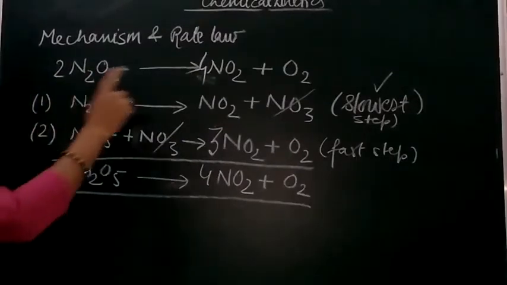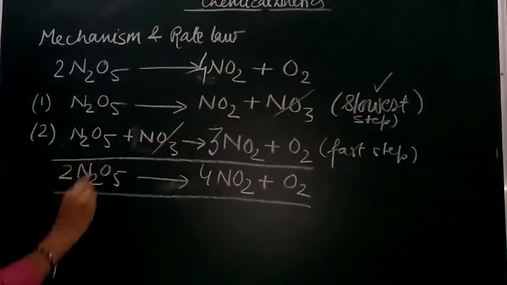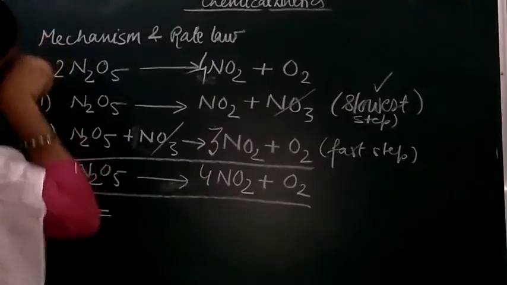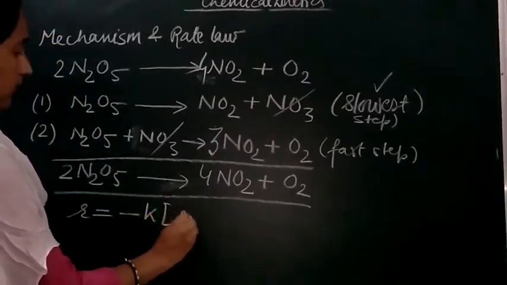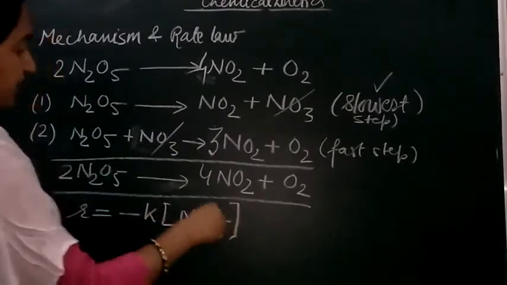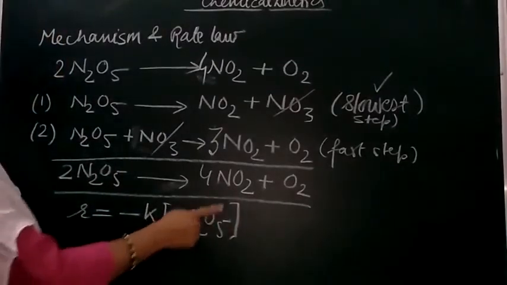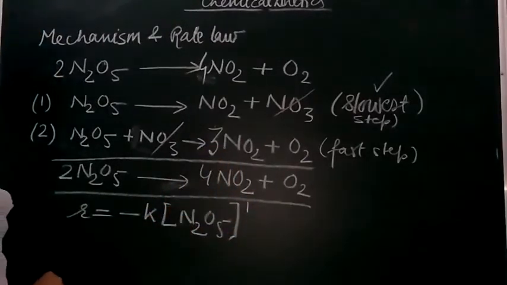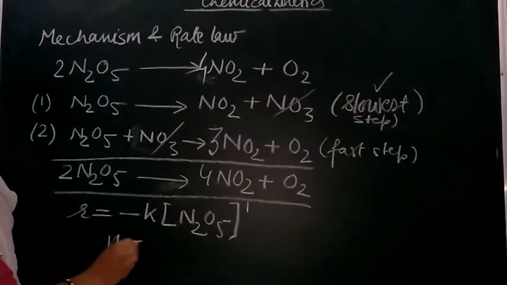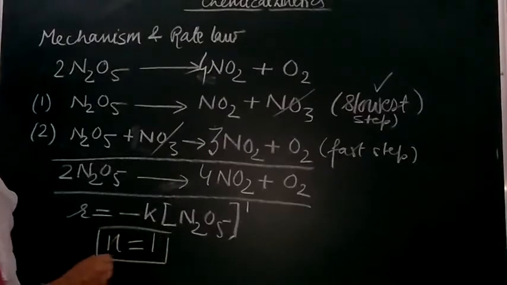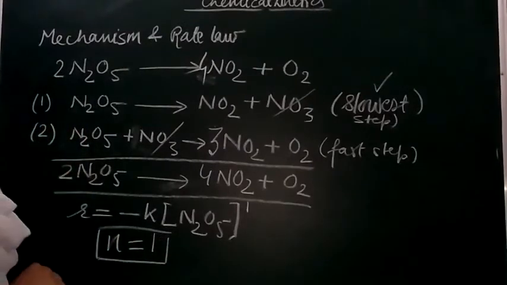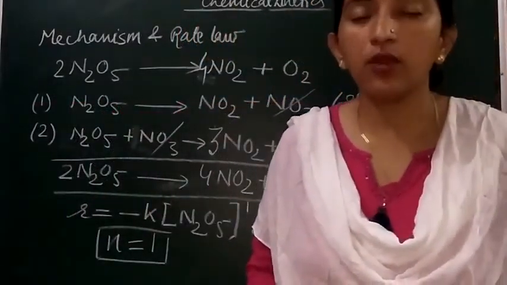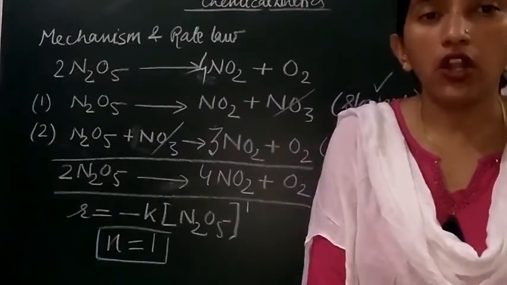But when we write down the mechanism and then determine the rate of the reaction, the rate is going to depend, in the slowest step, only upon the molar concentration of nitrogen pentoxide, raised to the power 1. So here the order of the reaction comes to be 1. By writing down the mechanism, it helps us to write down the rate law, and from there we can determine the order of the reaction.